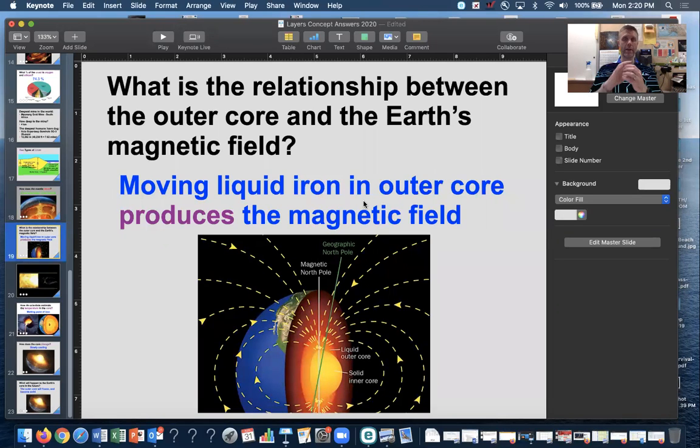Because it is liquid iron that's moving around the solid core, that's also metal, it generates and produces this magnetic field. If we didn't have that magnetic field, none of us would be here. Nothing would be here. Because the magnetic field protects us and protects the Earth from radiation from the sun.